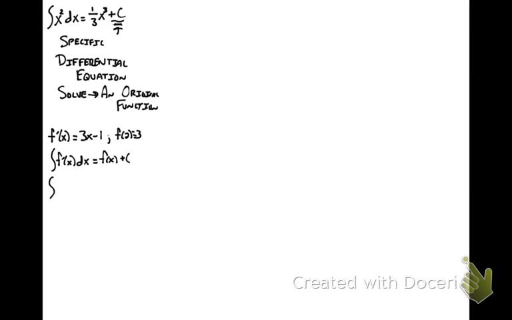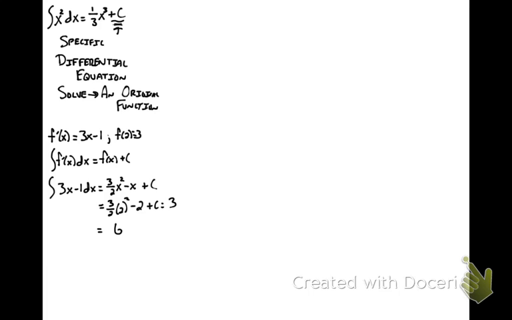Now, more importantly, since f prime of x is 3x minus 1, when I integrate that, I'll get 3 halves x squared minus x plus c. But one thing I know is that when x has the value of 2, the entire function needs to be equal to 3. And with just that one known point, I can solve for c.